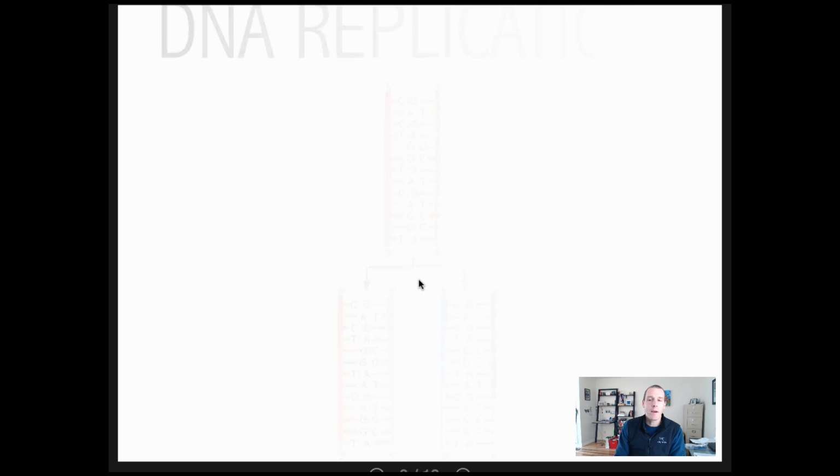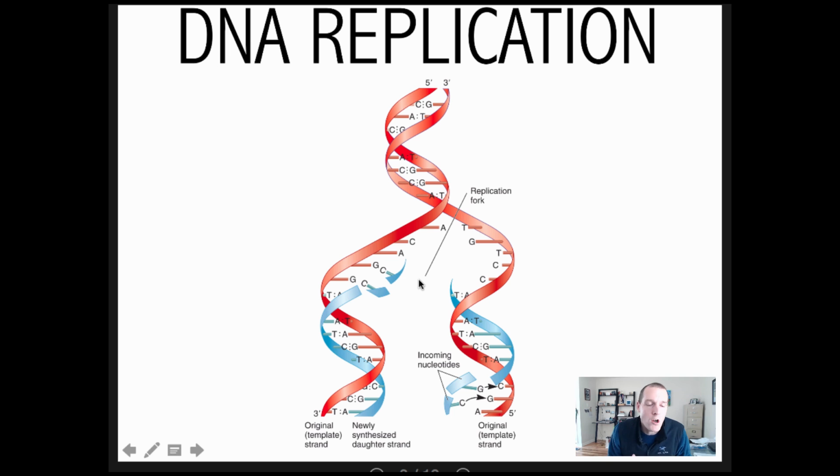Okay, let's make it a little bit more complicated. We've got to think about this happening when the two strands are wrapped around one another to form the double helix. So what we have to do is pull the two strands apart in the helix. And so what's happening here is that the two strands are being pulled apart.